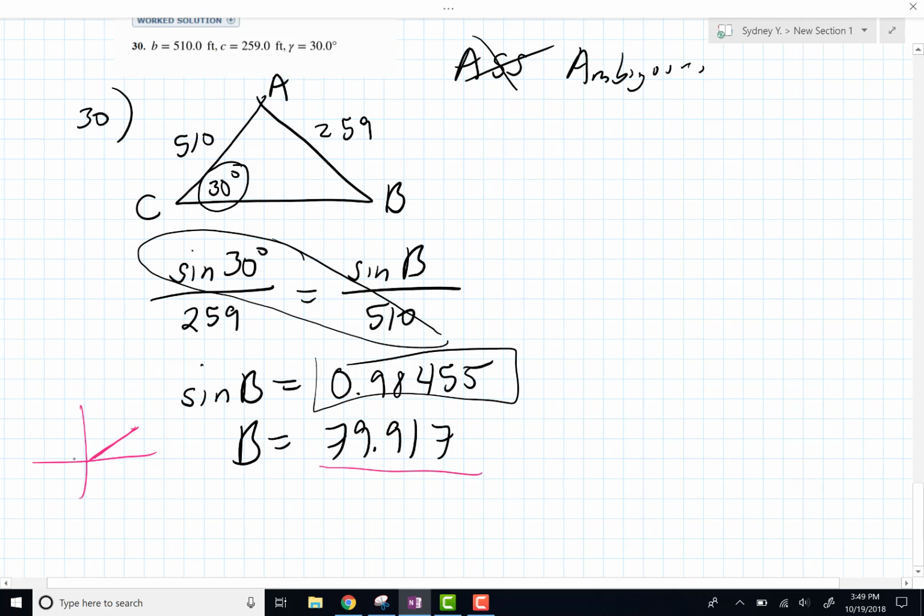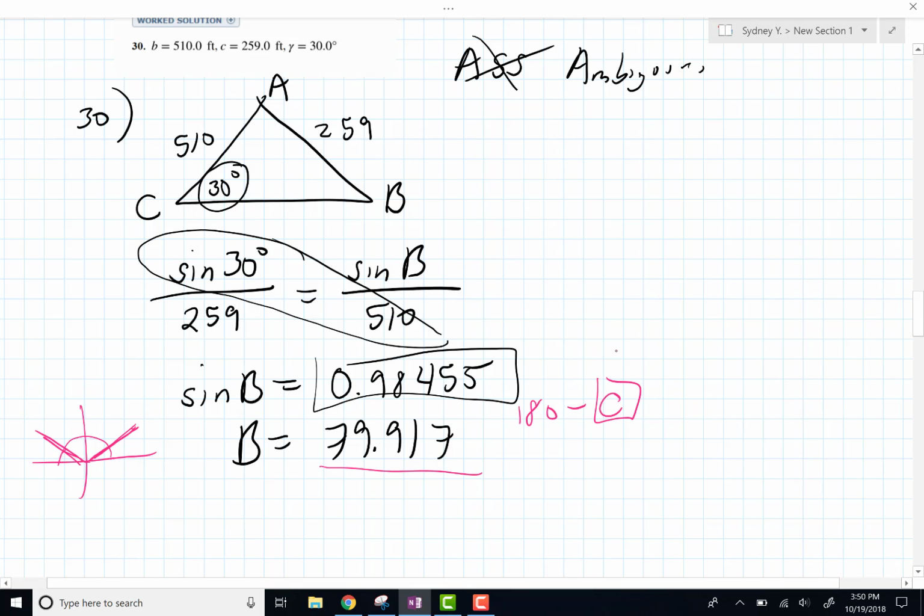The y value is positive in the first quadrant and in the second quadrant. So you always have to check, well, maybe 180 minus that works. It's always 180 minus whatever angle your calculator gave you.